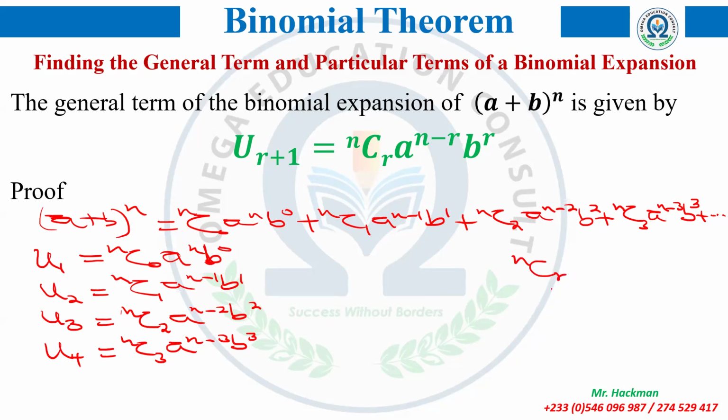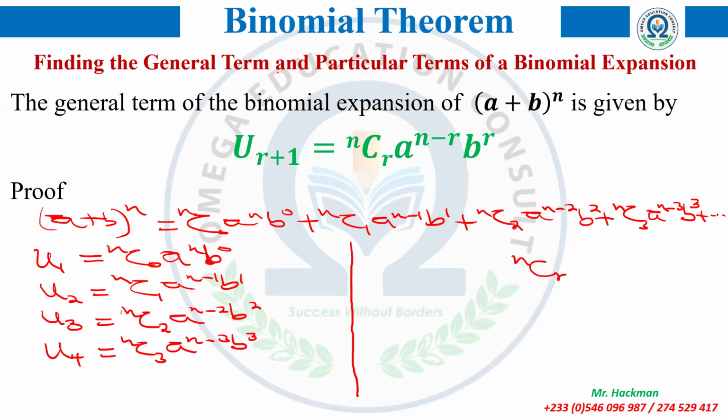I think I introduced this to you at a point, so you should know this. If you observe critically, let me rule a line here and continue so that I don't have to be moving backwards.